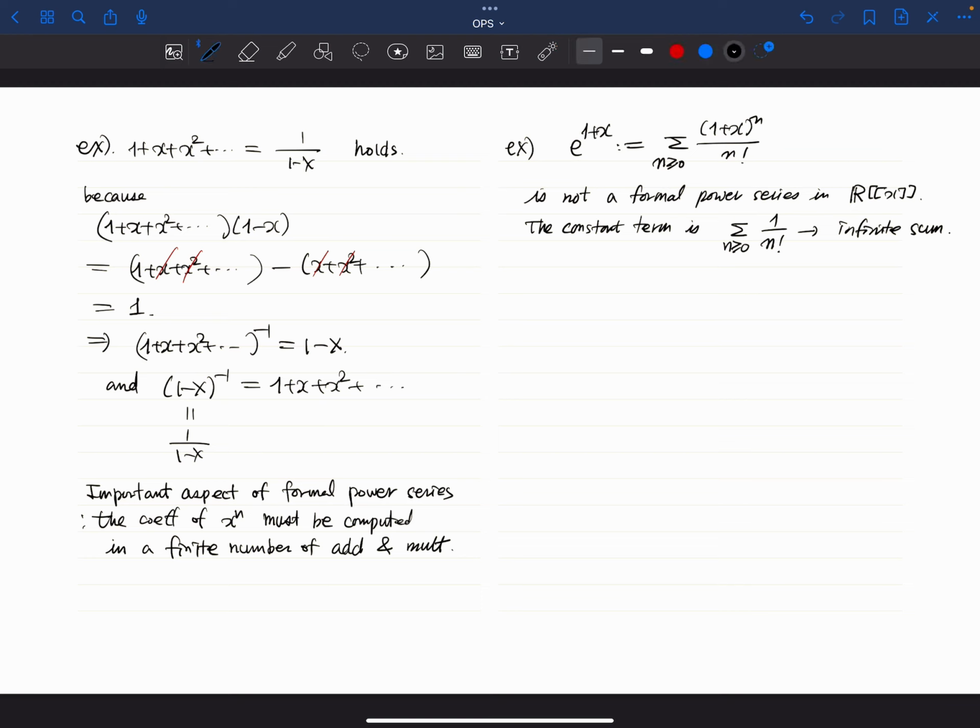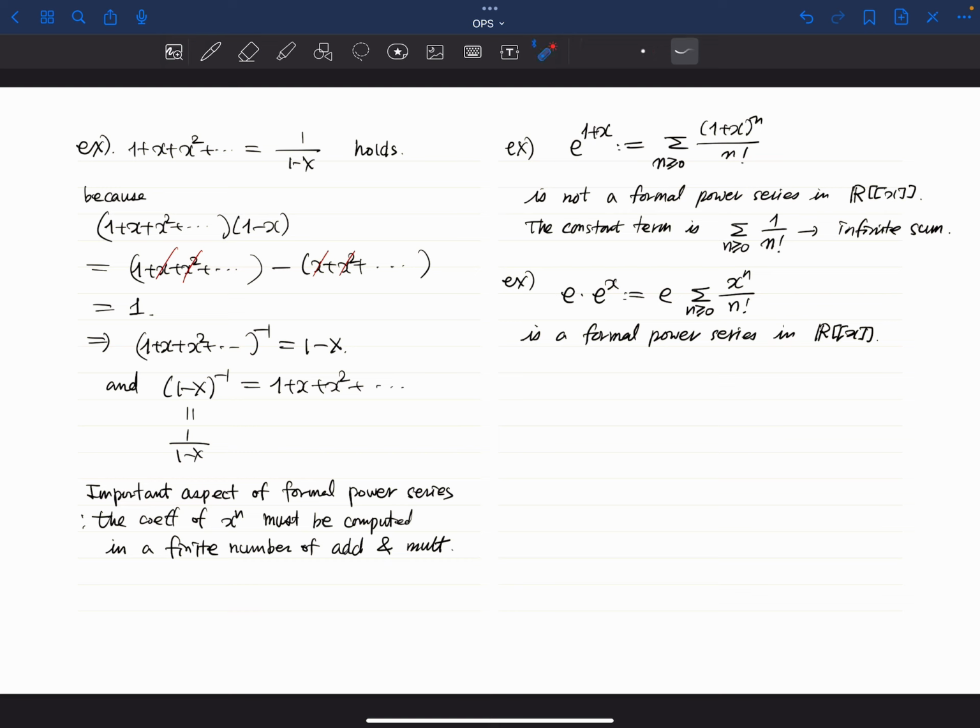But let's compare with another example. Strangely enough, e times e to the x, which is exactly the same in calculus, but this I define as e times the sum of x to the n over n factorial. This is a valid formal power series. Why?